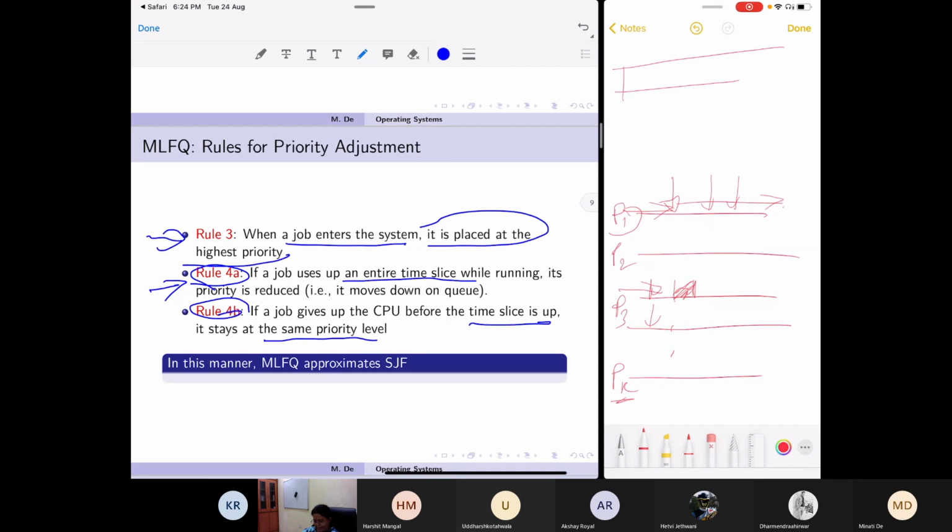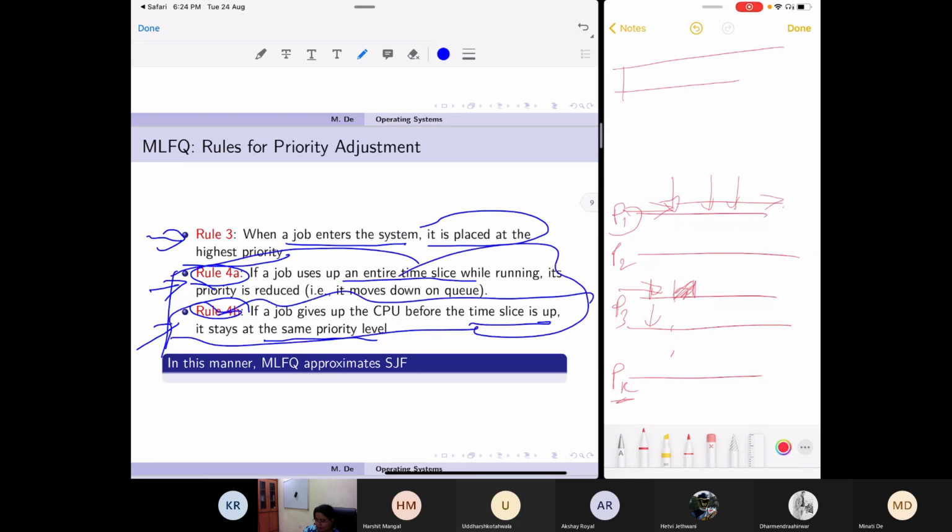Rules 4A and 4B say that if a job utilizes its whole time slice, it will be moved to the next, lower priority level, and if it relinquishes the CPU before utilizing the time slice, it will be kept at the same priority level. So basically, this rule is actually stopping you.